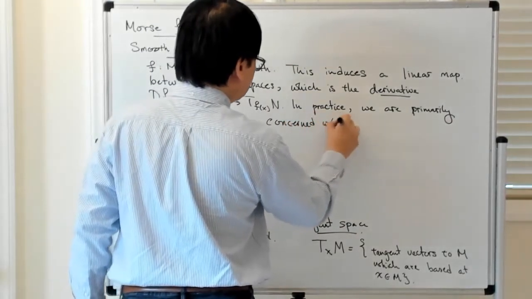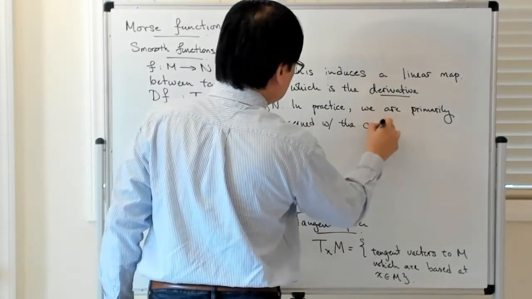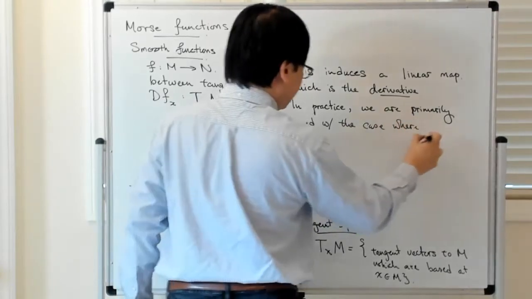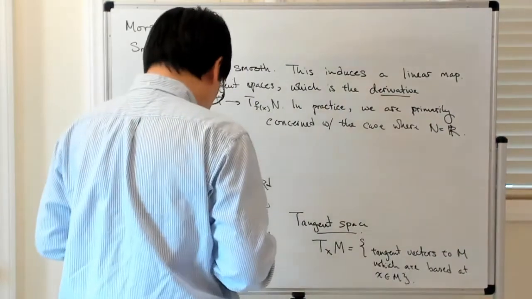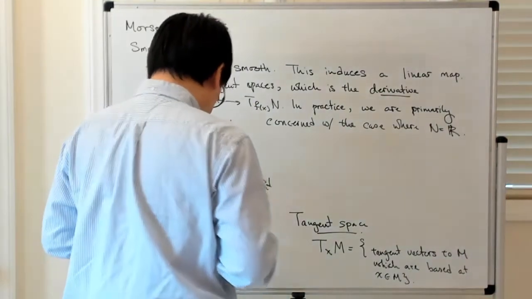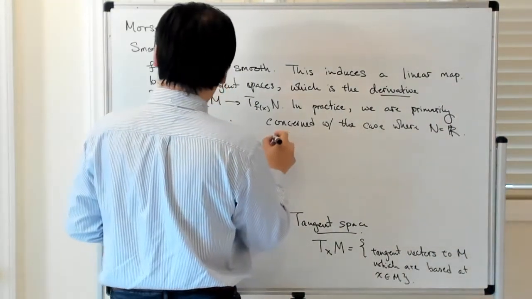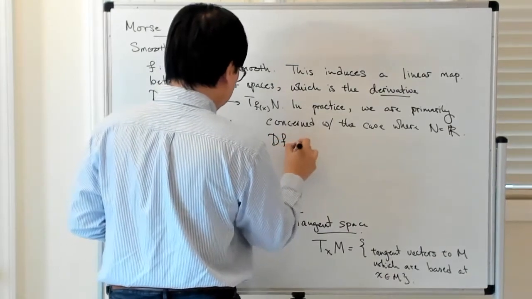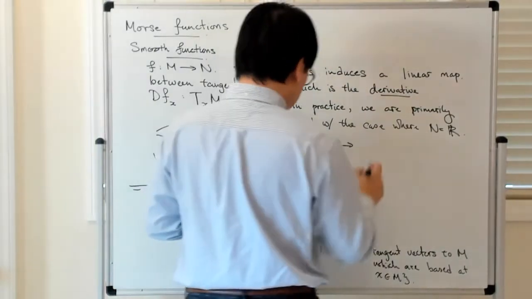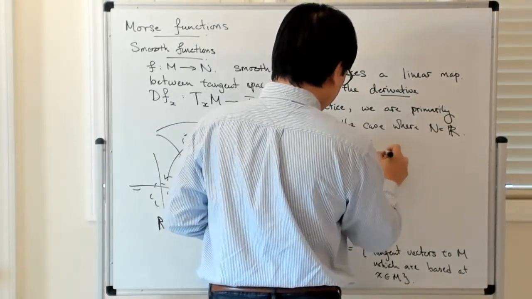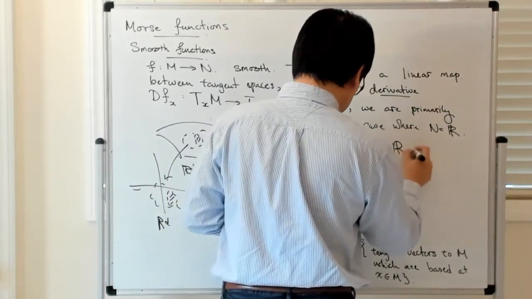Then in practice, for this section, we are primarily concerned with the case where N is just the reals. So now you just have df_x as a map from T_x M to T_{f(x)} of the reals.